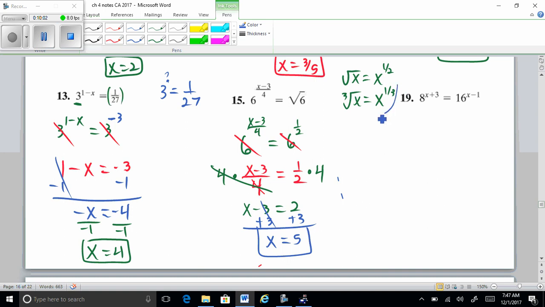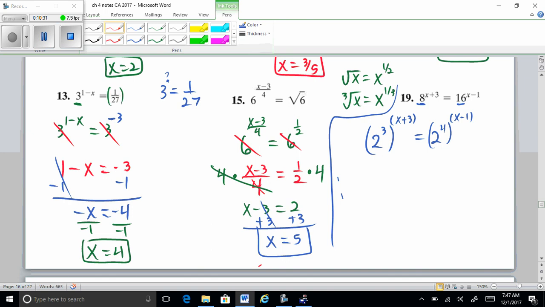Okay, our last one of this type. It's a lot like the one above this one, number 11. You got to adjust both bases. So for the 8, that's the same thing as 2 to the third power. And then just remember, you still have the x plus 3 up here. And then that 16, that's the same thing as 2 to the fourth power. And just remember, you still have the x minus 1 up there.